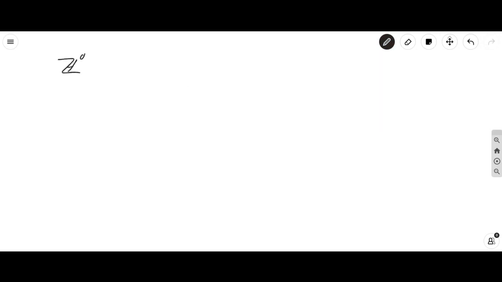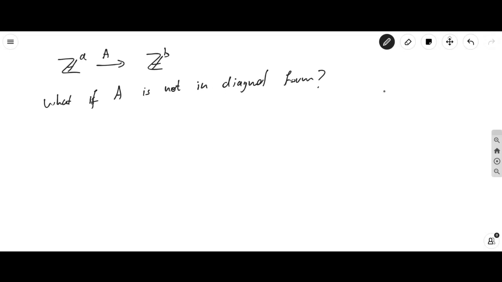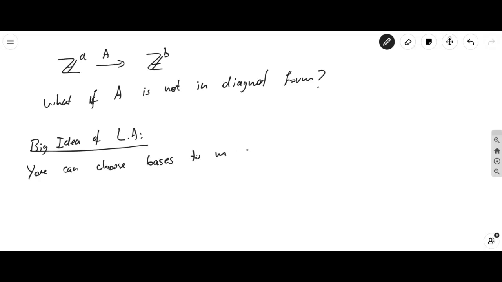Returning back to this, let's say you have Z to the A, Z to the B, you have A. What if A is not in diagonal form? This is the big idea of linear algebra, and that is that you can choose bases to represent the linear map in a simple way.